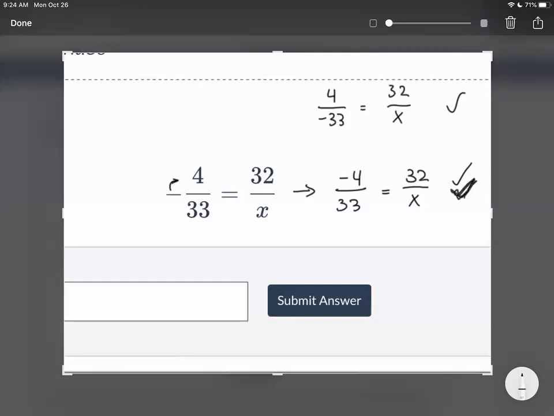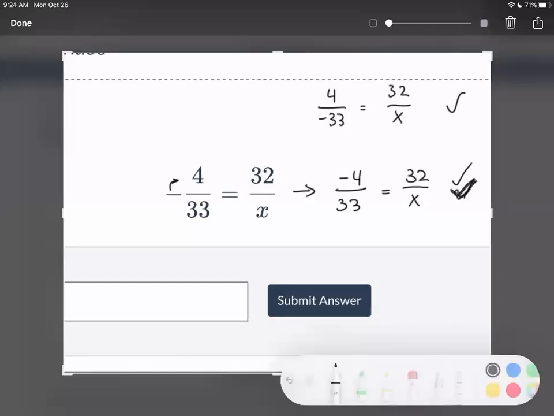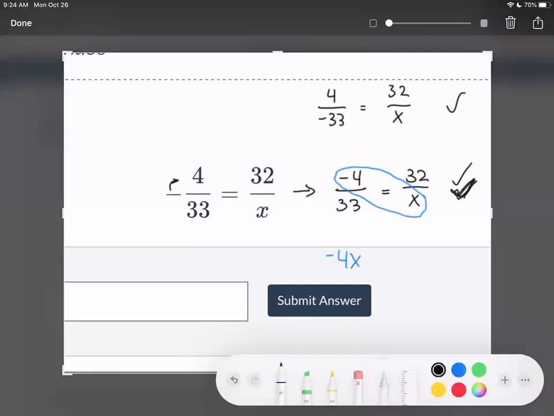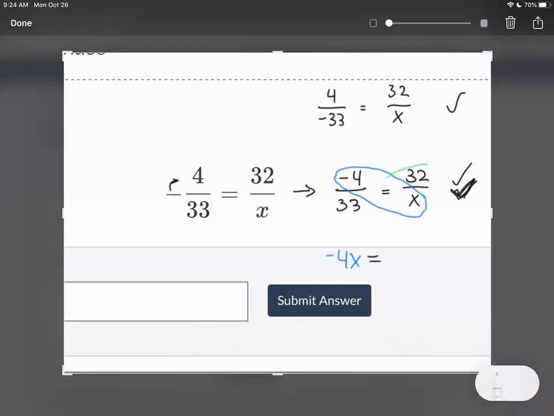So from here, you're going to do some cross multiplication. Take these two and multiply them, you get -4x equals, and then we're going to take these two, multiply them. Use your calculator because I don't know what 32 times 33 is. So let's do it. 32 times 33, and I get 1,056.